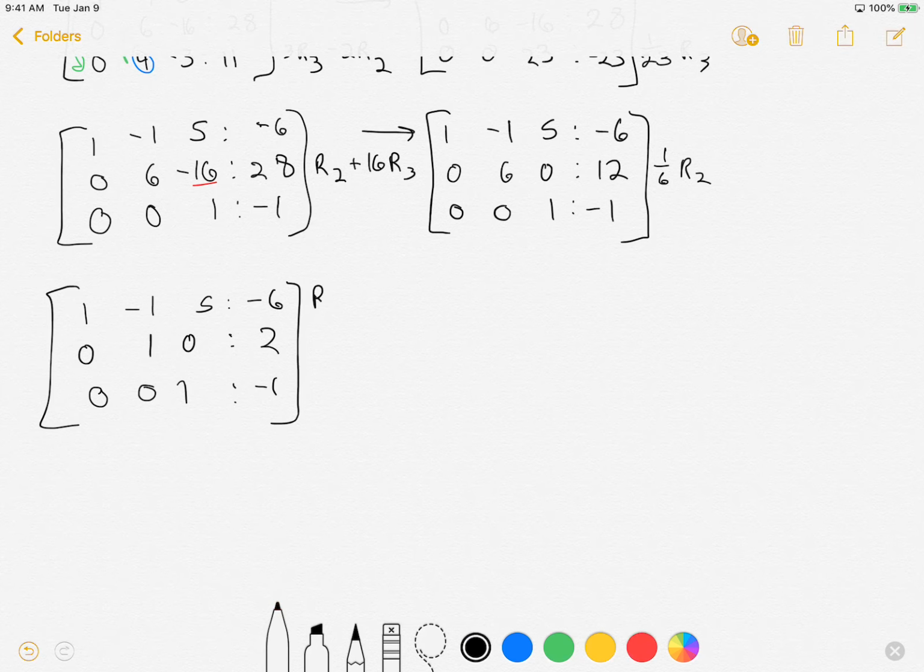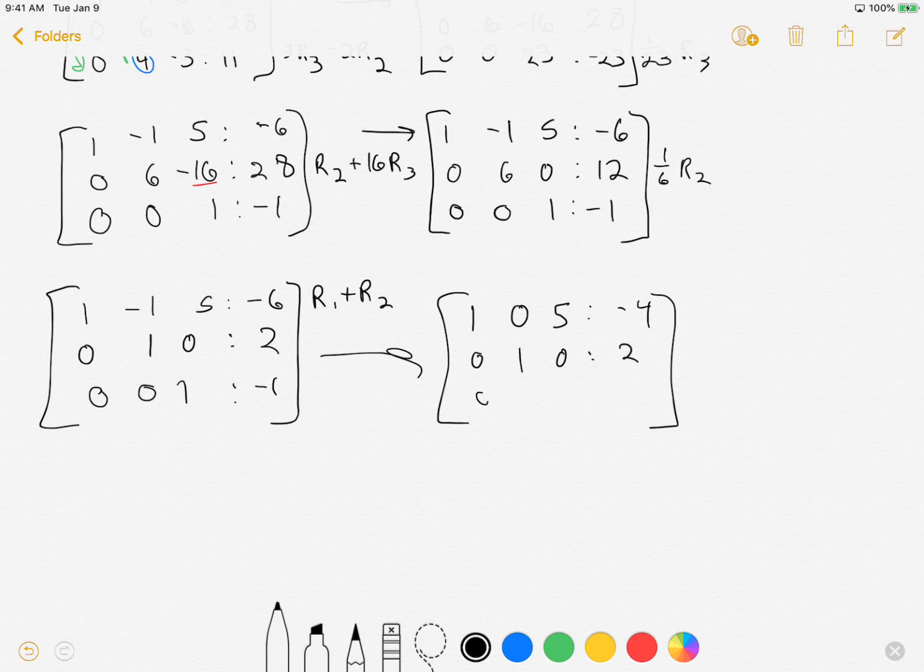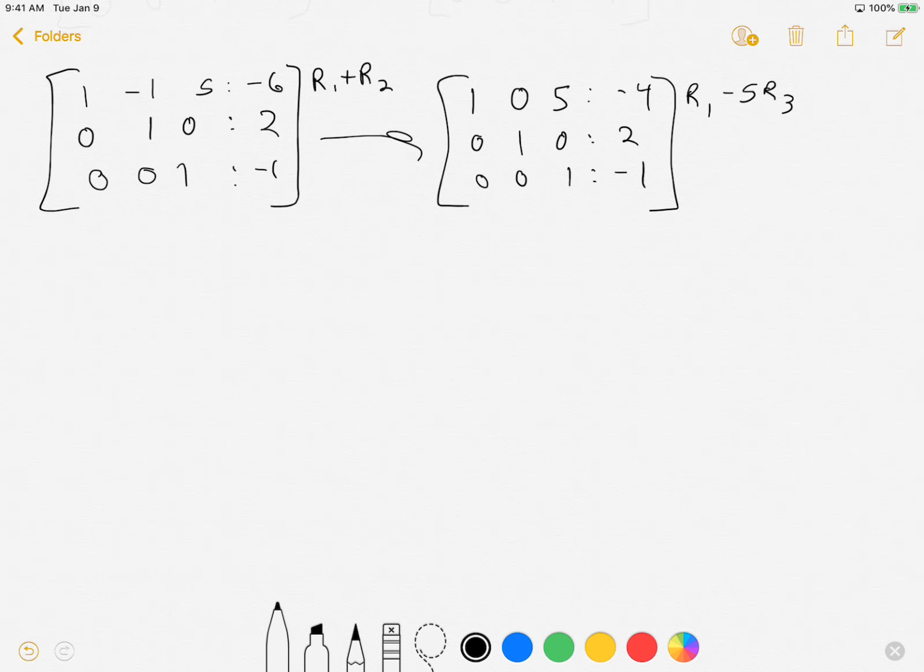Right away you can see that I can do row 1 plus row 2 to get rid of that negative 1 in the second position. So that's going to be 1, 0, 5 plus 0 is still 5, negative 6 plus 2 is negative 4. Second row stays the same. Last row stays the same. Then I can do row 1 minus 5 times row 3 to get rid of that 5. So 1 plus 0 is 1, 0 plus 0 is 0, 5 minus 5 is 0. Negative 4 plus 5 is 1, and the other rows all stay the same.